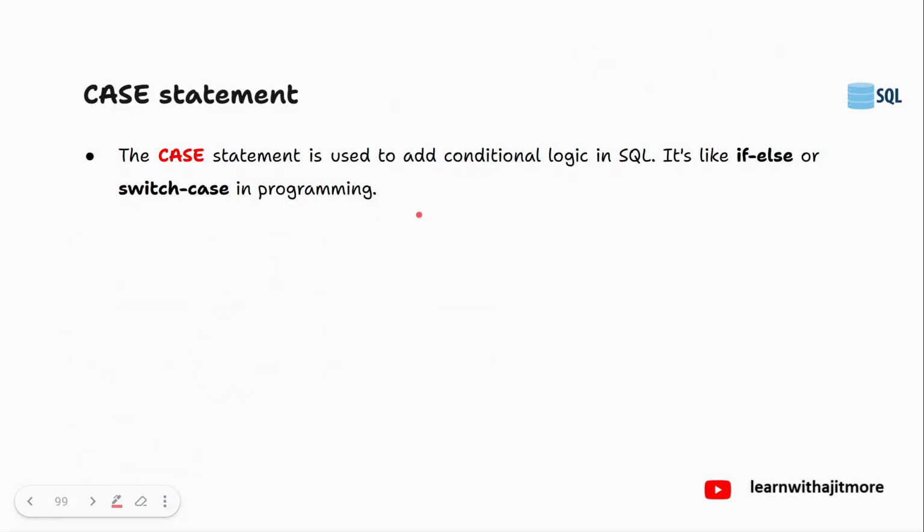Okay? And there is a second case syntax. This is called the simple case syntax, and there is the searched case syntax, where you're not matching the expression with the exact value. Rather, you're directly checking the condition. It is like this: case, no expression here.